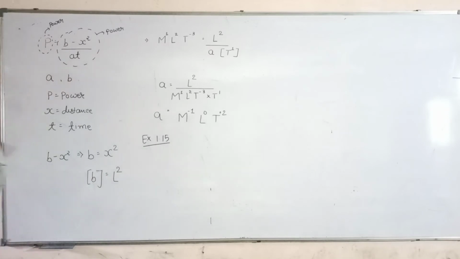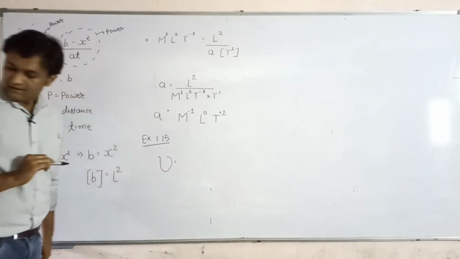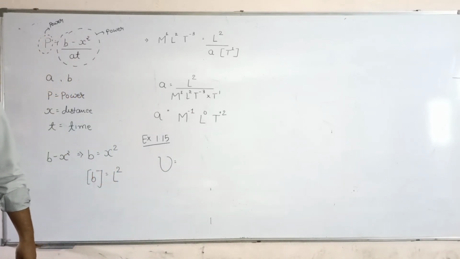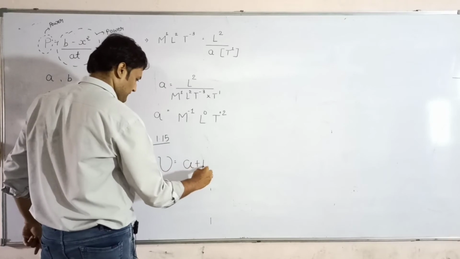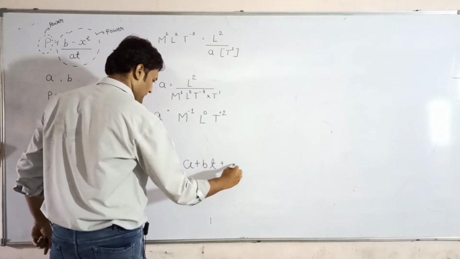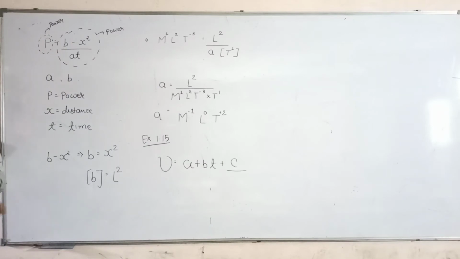Okay, the velocity v of a particle depends upon the time t according to the equation v is equal to A plus Bt plus C upon D plus t.